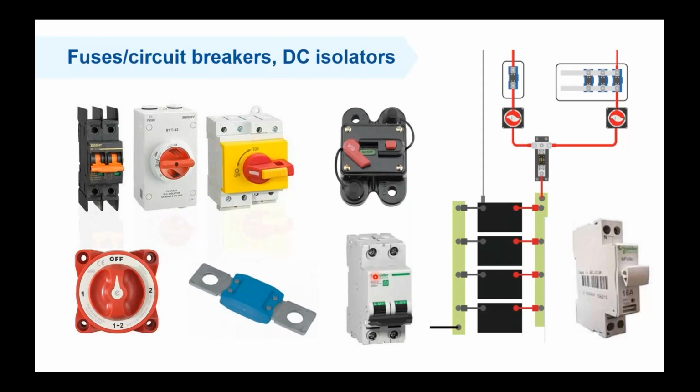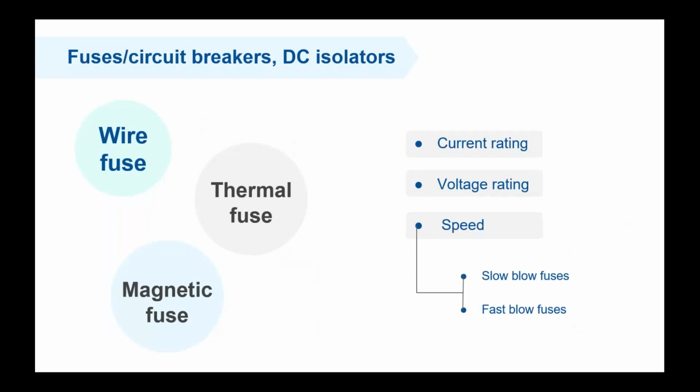So if you find a fuse or a circuit breaker that can tolerate the maximum amount of calculated current and the voltage range that you have in your system, then it's the right switch to be applied, regardless if this is AC or DC. So the difference is that you need to check the labeling and the ratings of the fuse to make sure that it's suitable for your specific application.